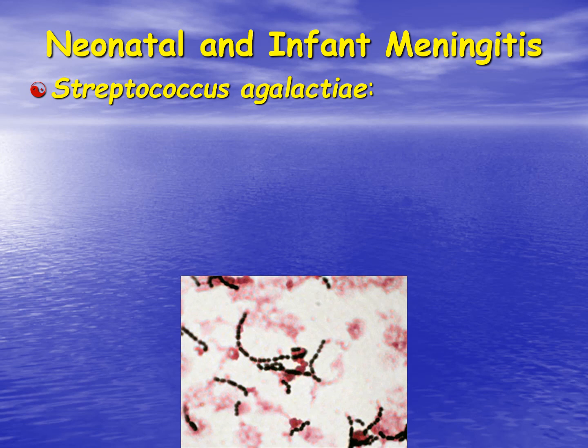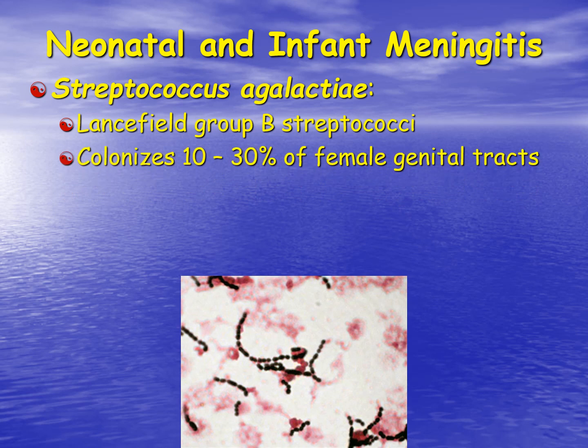Now, one of the types of bacterial meningitis that we see many times in the neonate and infant is caused by Streptococcus agalactiae. So another one of the Streptococcus bacteria. It is in the Lancefield group B Streptococcus, and it actually colonizes 1/10 to a third of all female genital tracts.